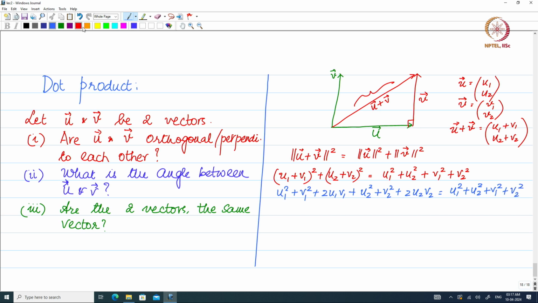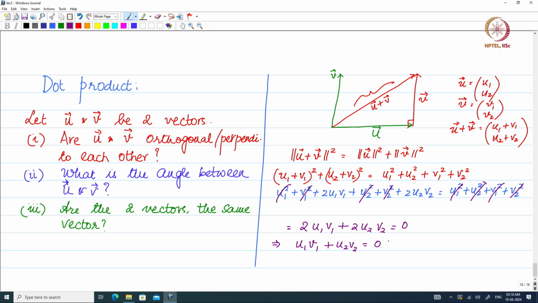And you can knock off a lot of terms here. u1 square, v1 square, u2 square and v2 square get knocked off on both sides. So, what we have is 2 u1 v1 plus 2 u2 v2 is equal to 0, which implies u1 v1 plus u2 v2 is equal to 0.